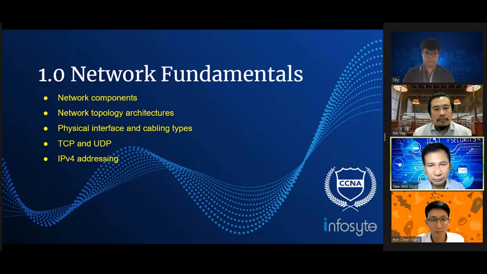In addition to that, they're going to get to know the peripherals of the network, like physical ports, the interface types, and the cabling types used in the local area network as well as the wide area network, WAN.